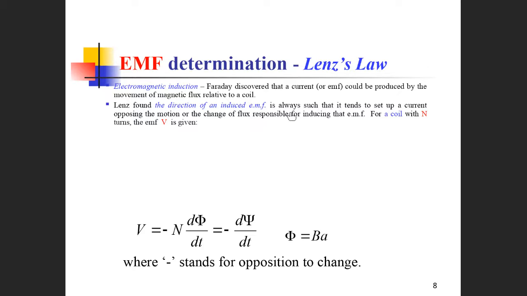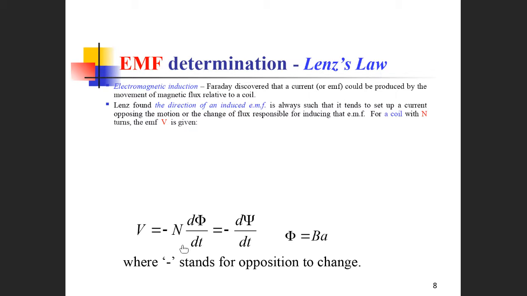The induced voltage on the conductor tends to set up a new current that opposes the motion, or resists the change of the flux responsible for its induction. That's the meaning of the sign here.